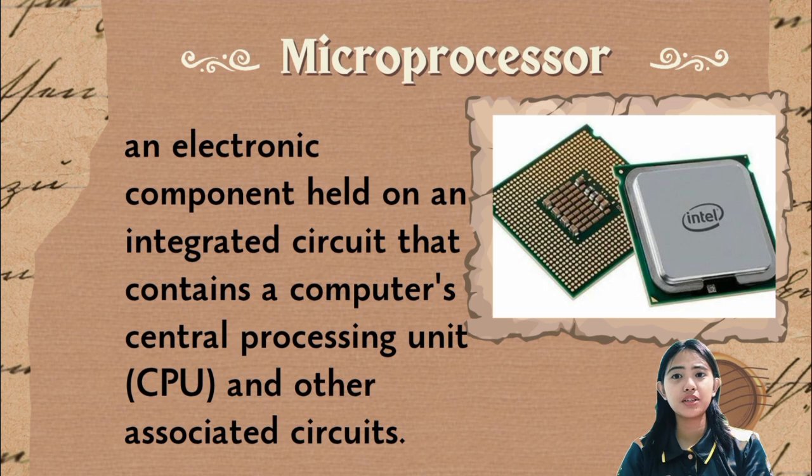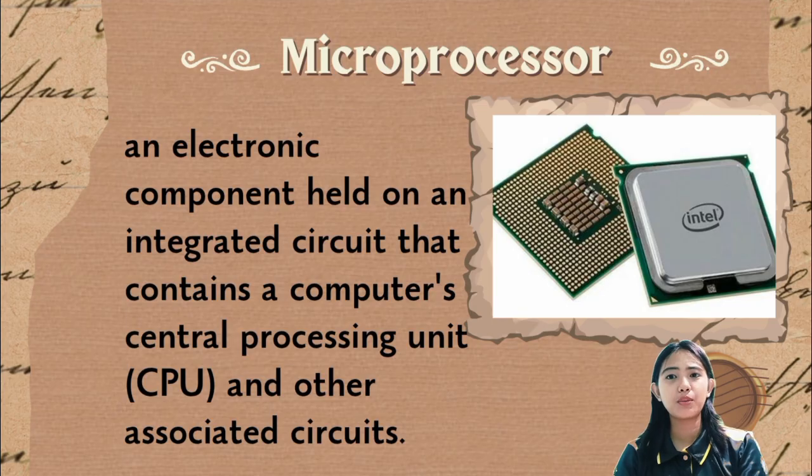Microprocessor: an electronic component held on an integrated circuit that contains a computer's central processing unit and other associated circuits. So, a microprocessor is a special type of integrated circuit that contains the whole central processing unit of a computer in one single chip. It processes the instructions, performs calculations, and manages the flow of data.